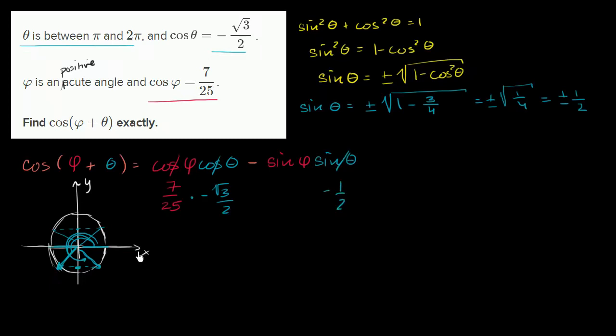And now let's think about sine phi. So sine of phi is going to be equal to plus or minus square root of 1 minus cosine of phi squared. Cosine of phi is 7/25. So that's 49 over 625. Let me do it over here. So 625 over 625 minus 49 over 625. I just rewrote 1 as 625 over 625.